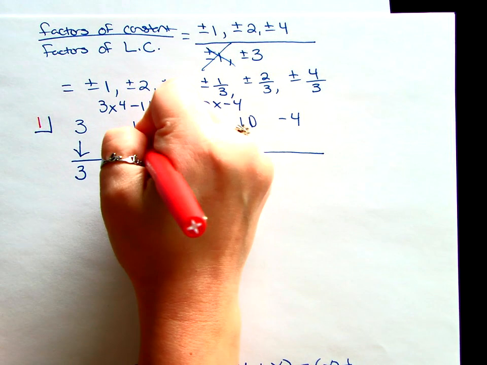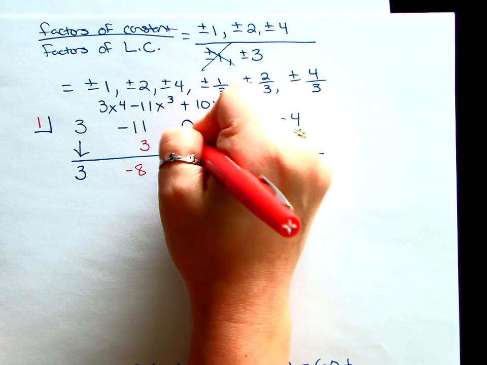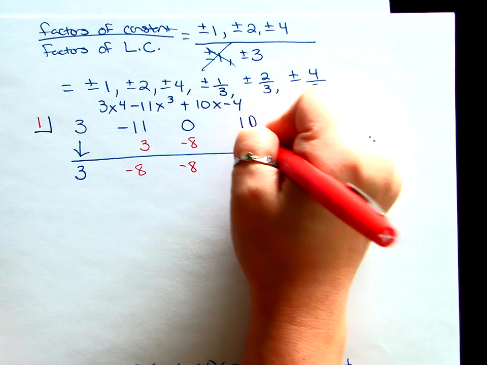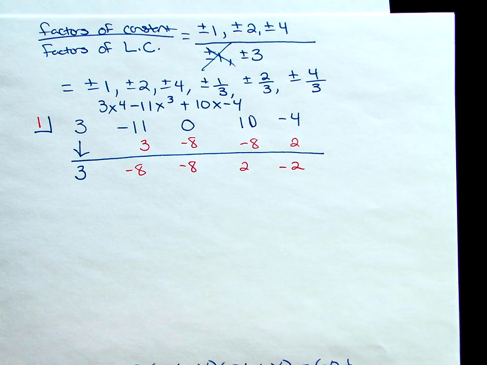Add down. 1 times negative 8 is negative 8. Add down. Add down. Add down. I did not get 0. Since I didn't get 0, 1 is not a 0 for this polynomial function. So right there I could eliminate one of the options.